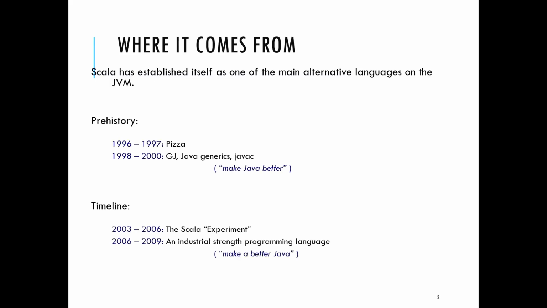So this is the history of where Scala came from, in 1997. Java was developed in 1991. And they found that the software was not compatible with the main operating systems.